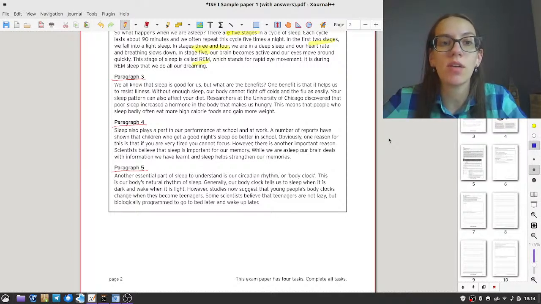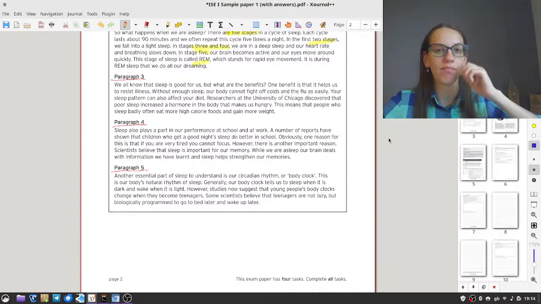Your sleep pattern can also affect your diet. Researchers at the University of Chicago discovered that poor sleep increased a hormone in the body that makes us hungry. This means that people who sleep badly often eat more high-calorie foods and gain more weight.